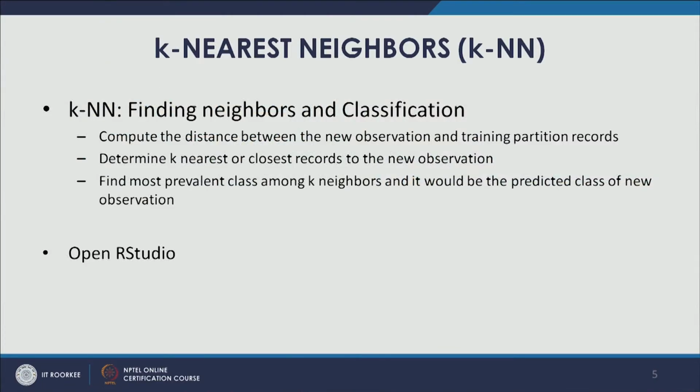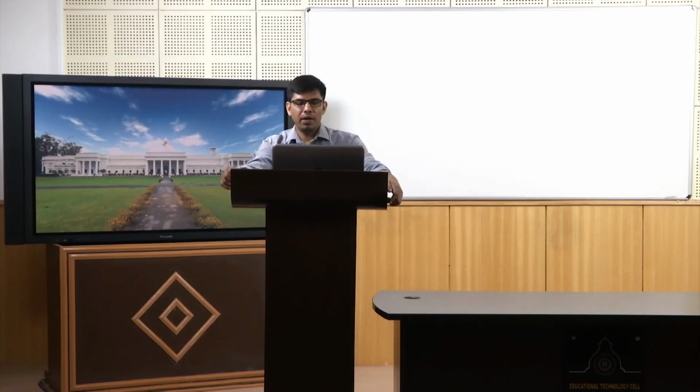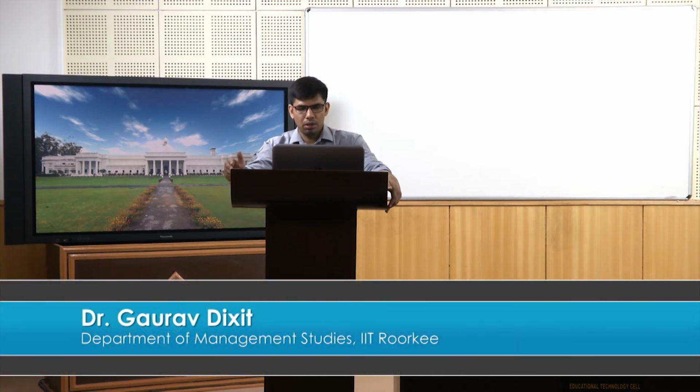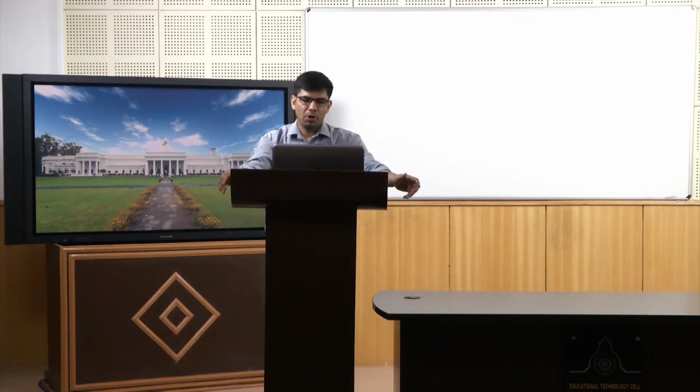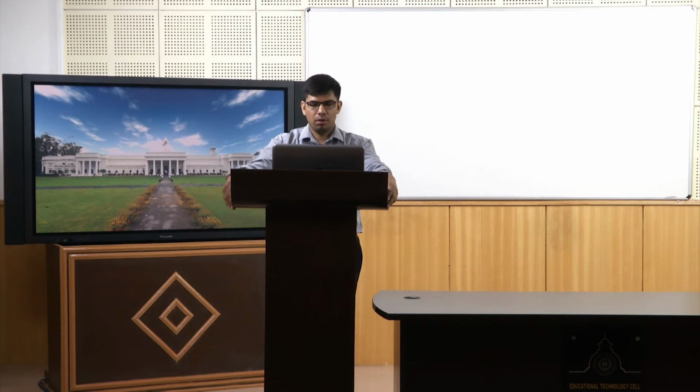Once the K neighbors have been identified in step 2, we find the most prevalent class, and a majority rule decision takes place here. The class which is the majority among those K neighbors would be the predicted class of the new observation. That is the typical procedure that we apply in KNN modeling for classification tasks.